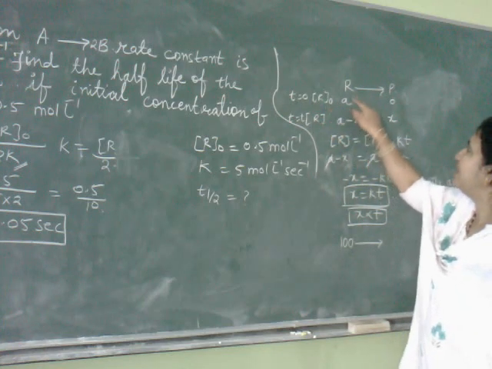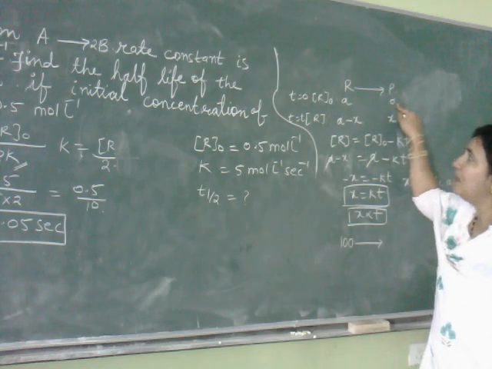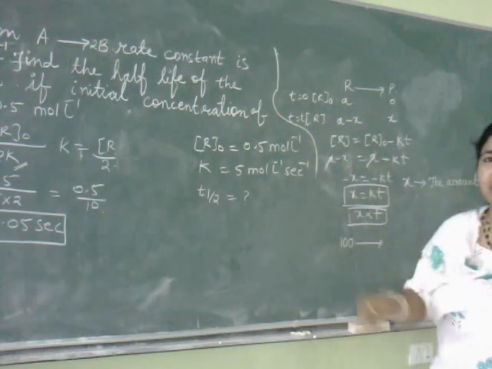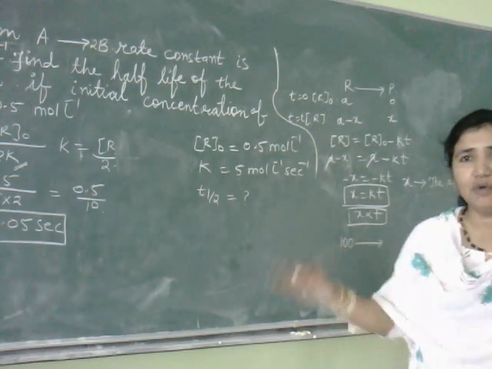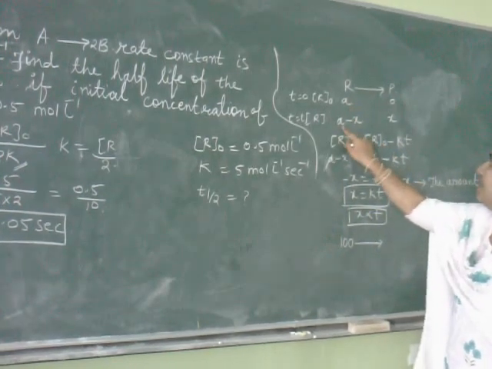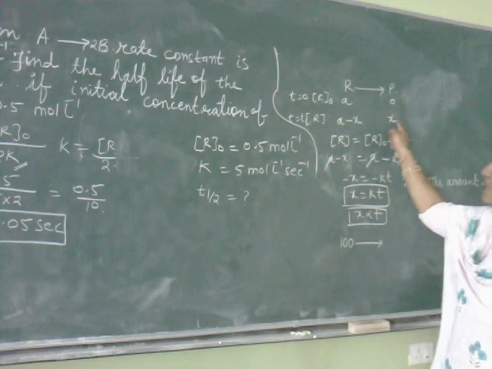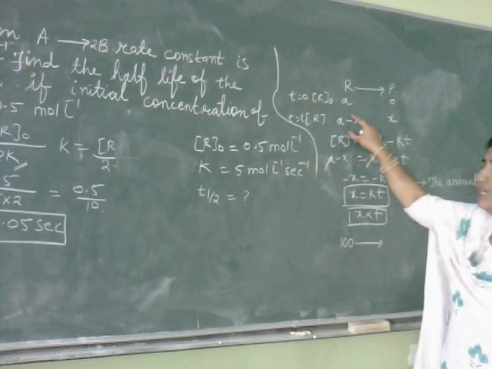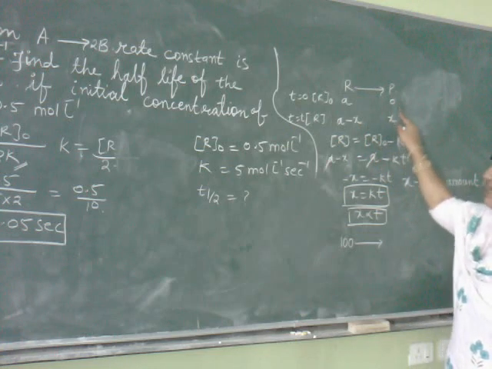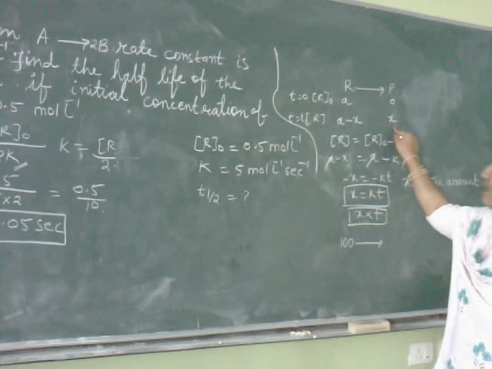Suppose we take R naught as A, and the product will be 0. After some time the reaction starts, and some reactant gets converted into product. So only some amount will remain. What is that amount? A minus x. And we will get product x. How do we understand A minus x and x?